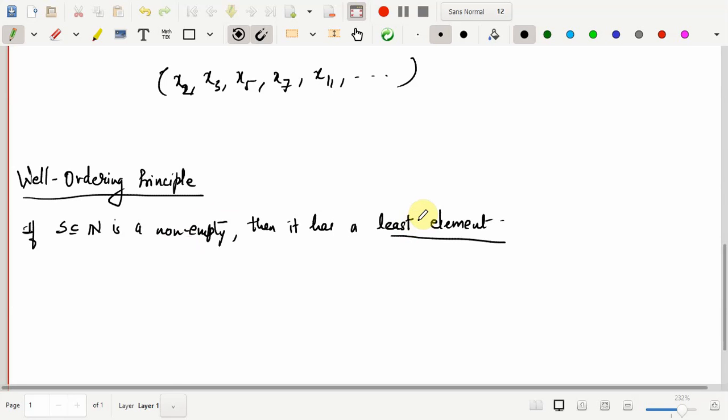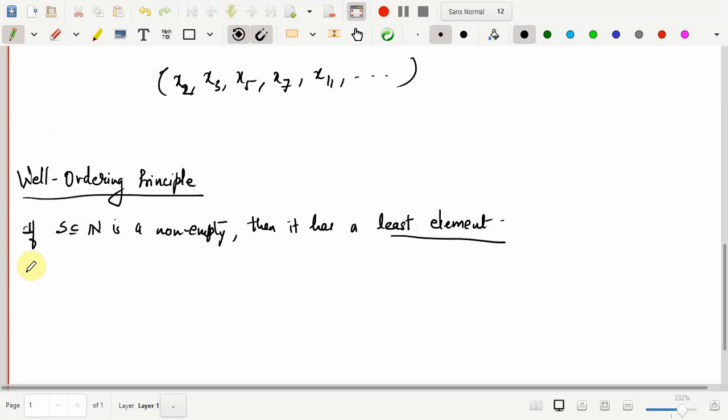So if I consider any subset of the natural numbers, it's definitely going to have a lower bound, but until we know the set, we won't be able to spot the least element of that particular set. But it is very clear from this principle that there will always be a least element for that set.